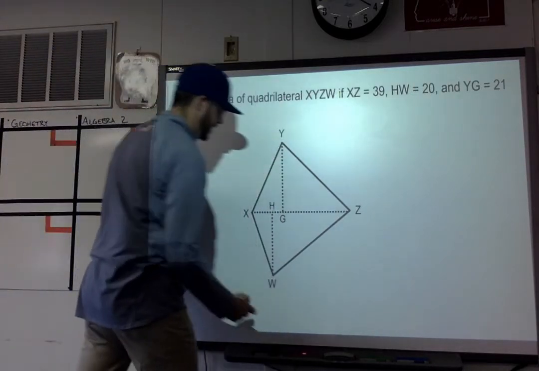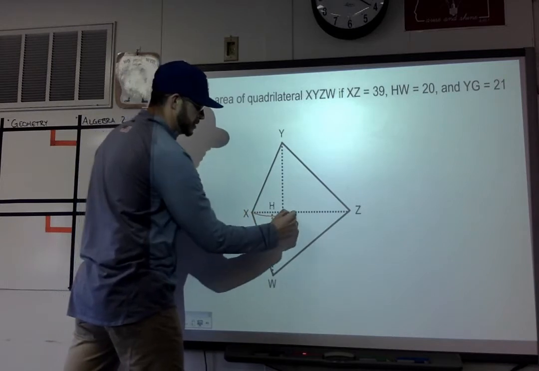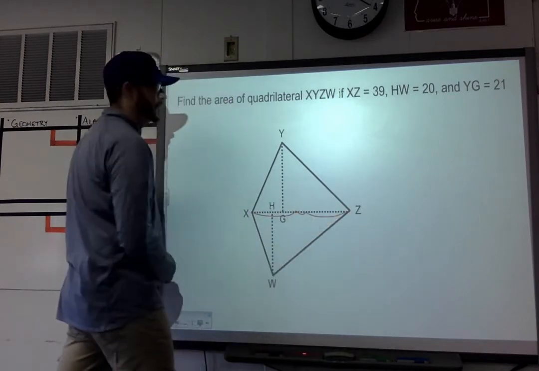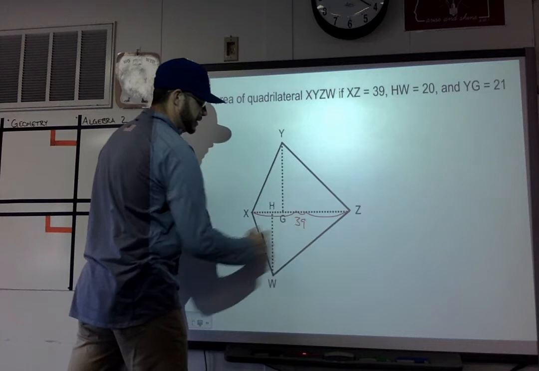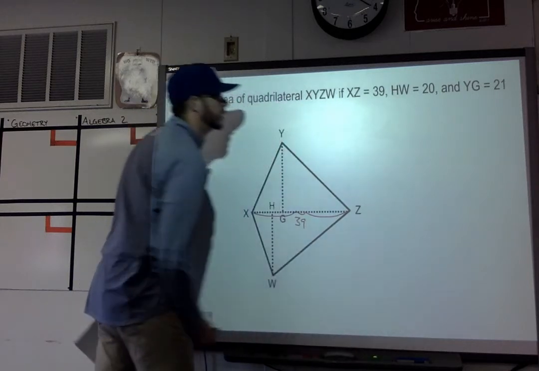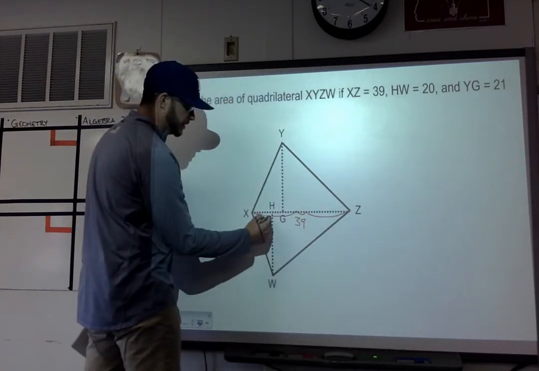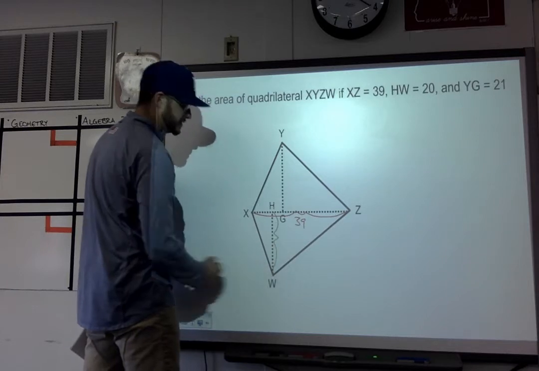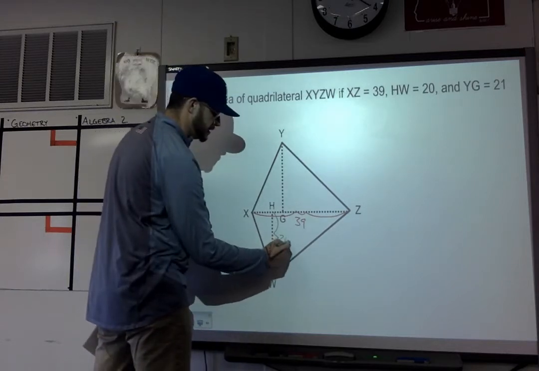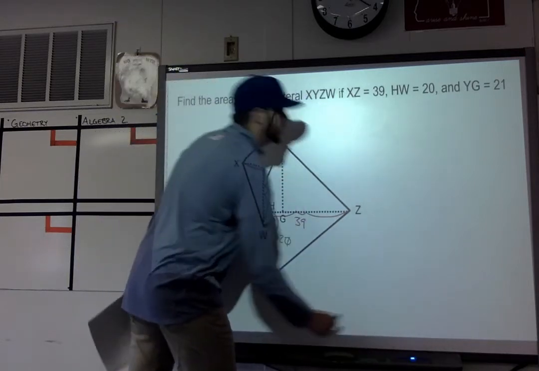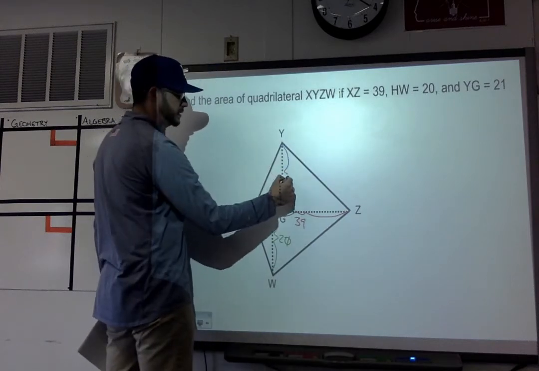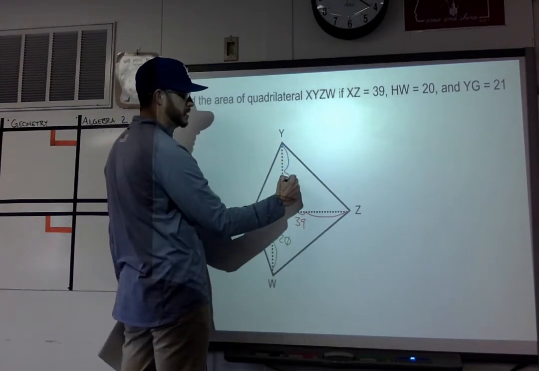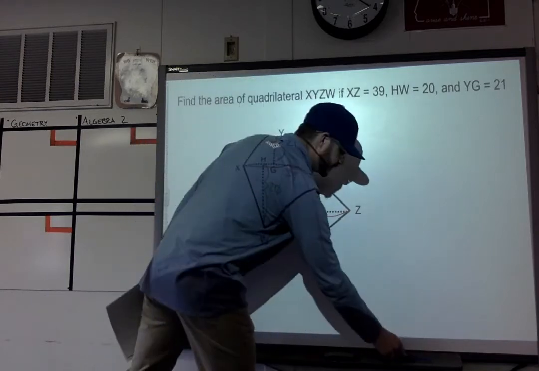So we know that XZ, which is going to be this whole length right here, is 39. We know that HW, so this area right here, is 20. And we know that YG, the height right there, is 21.